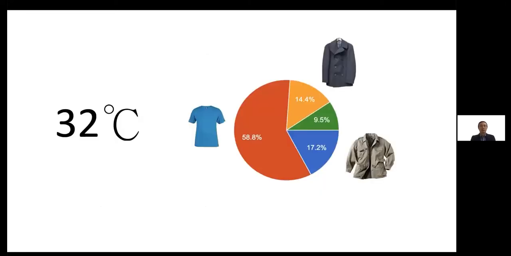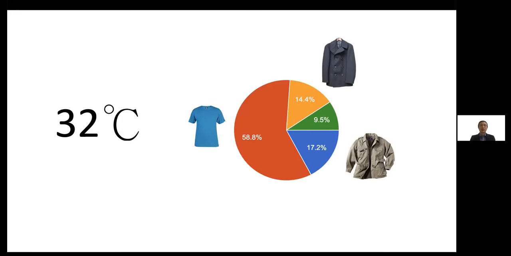Here's one example question on metric proficiency. The question asks the participant, it is 32 degrees Celsius, what should we wear? The choices are a short-sleeved shirt, a jacket, or a winter coat, and people can also choose "I don't know."